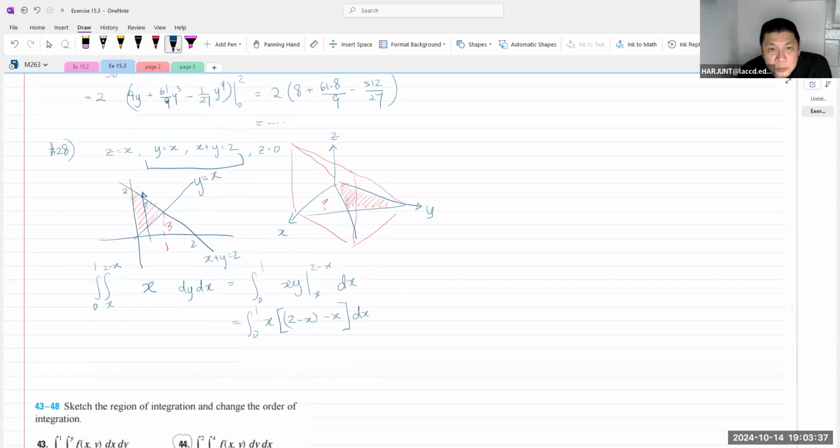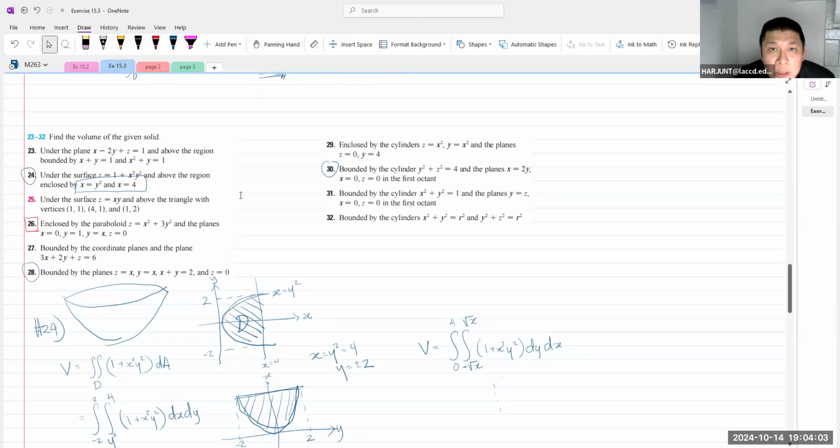That is the integral from 0 to 1 of 2x minus 2x squared dx. So if I integrate that, that will be 1 minus 2/3. That's 1/3. That's for number 28.